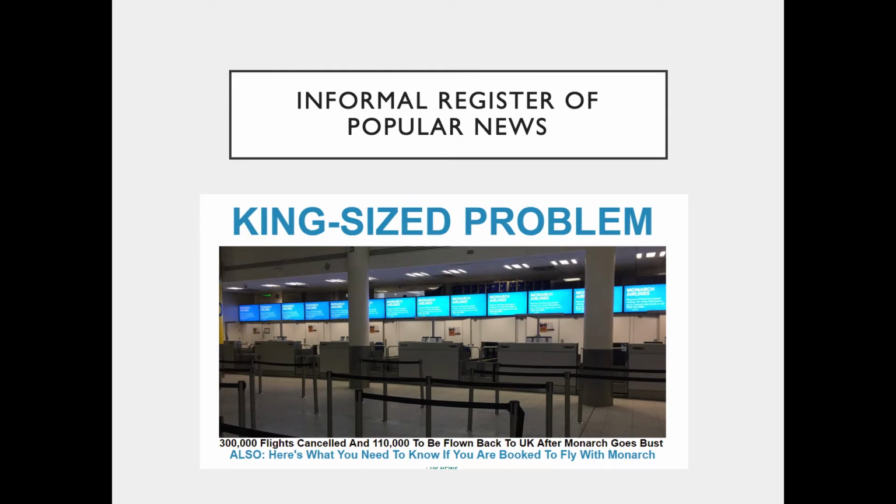And it's a large problem for this company called Monarch. So that's something that we might be quite familiar with in popular news, that it's quite common for them to use play on words and a quite selective semantic field, which will help us to understand the story more, and might even have some elements of clickbait in it, particularly with the headline, to make us go and have a look at what they're saying.